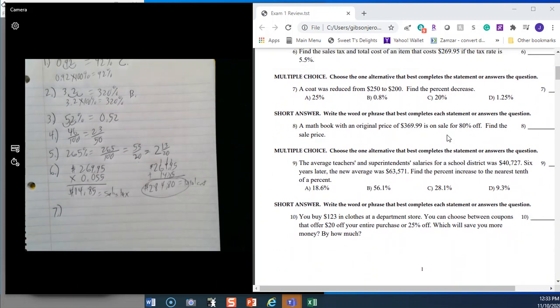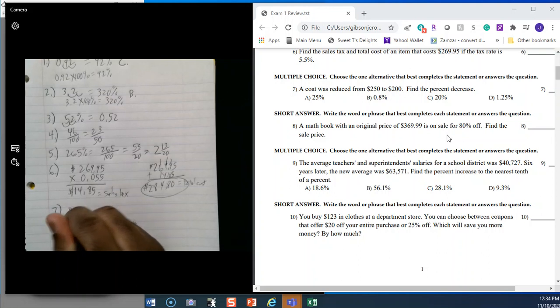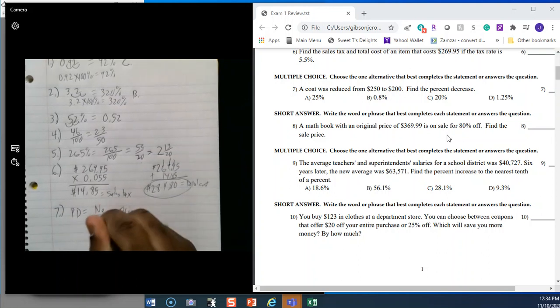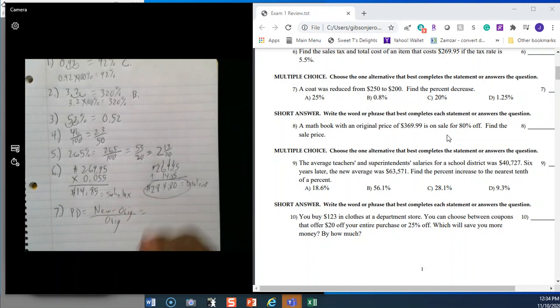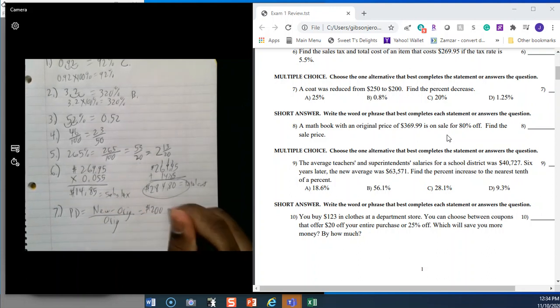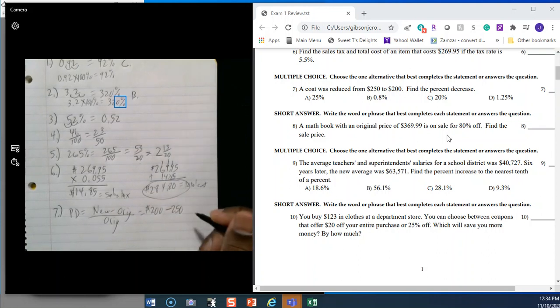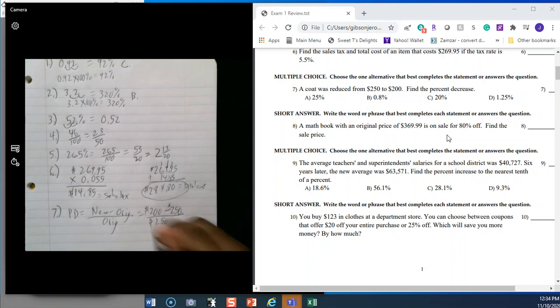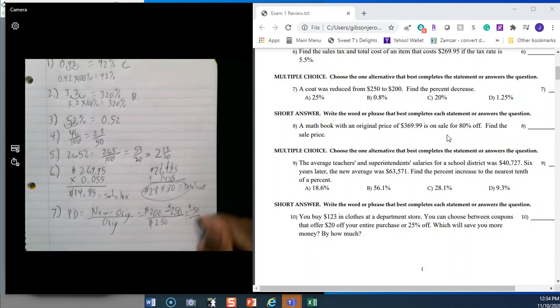It says a coat was reduced from $250 to $200. Find the percent decrease. Now remember, percent decrease is equal to new minus original divided by original. Now the new value of the coat, it went down to 200, so that's the new value. The original value was 250, divided by the 250. So this will give us a negative $50 over $250.